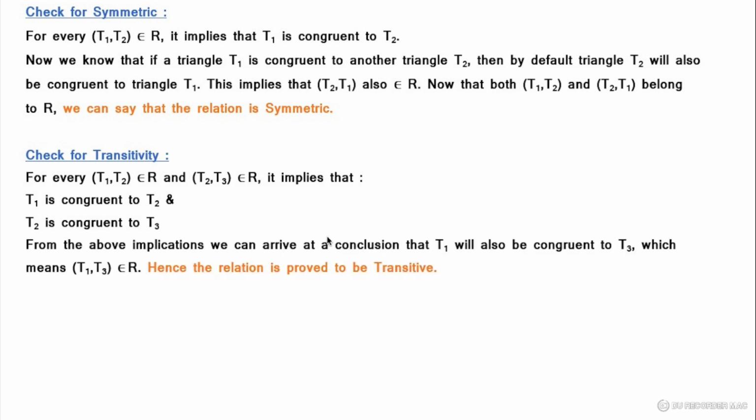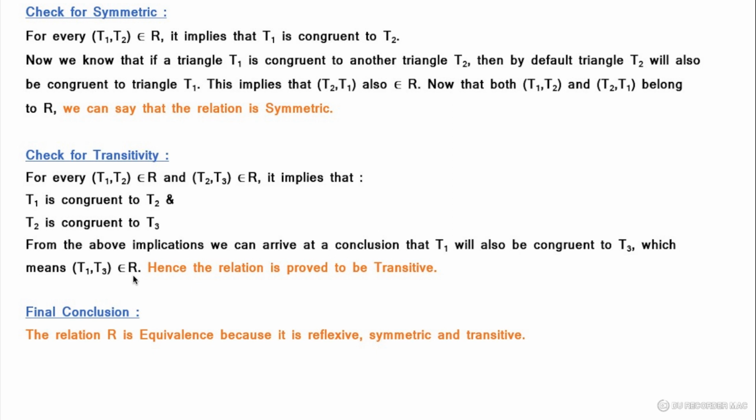You get it, right? From these implications, we can arrive at a conclusion that T1 will be congruent to T3. Because T1 is congruent to T2 and T2 is congruent to T3, I can tell that T1 is also congruent to T3, which means T1, T3 belongs to the relation R. Hence, this relation is also proved to be transitive.